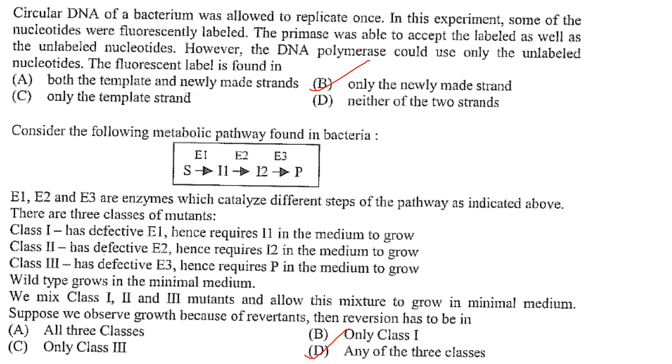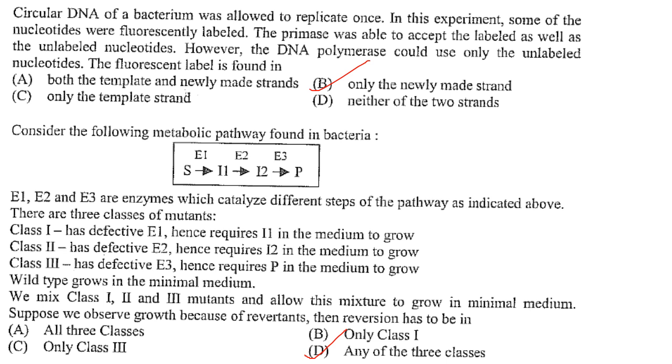Then next one. Circular DNA of a bacterium was isolated to replicate once. In this experiment, some of the nucleotides were fluorescently labeled. The primase was able to accept the labeled as well as unlabeled nucleotides. However, the DNA polymerase could use only the unlabeled nucleotides.